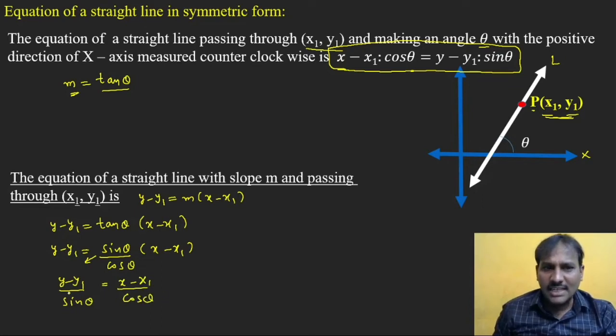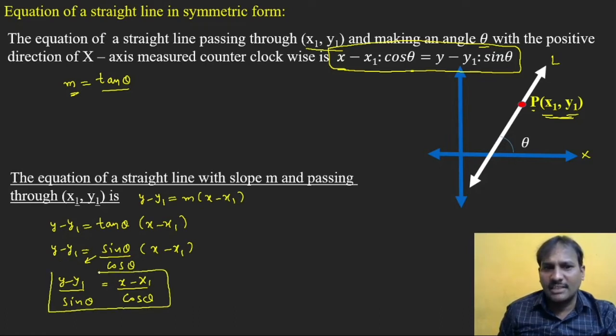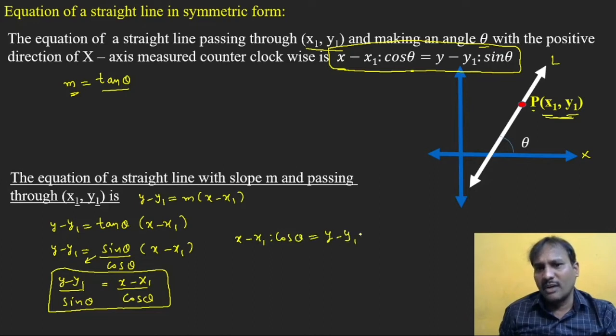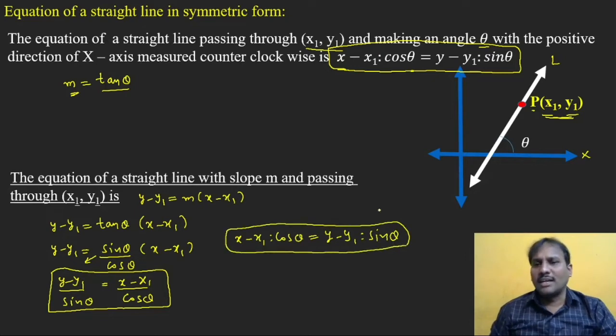So this is called the symmetric form of the straight line. It can also be written as (x minus x1) is to cos theta is equal to (y minus y1) is to sin theta. Either it is a division or a ratio, both are the same.